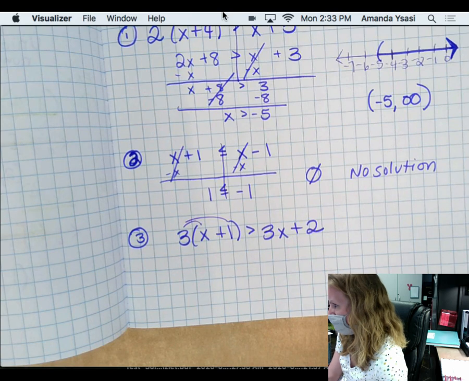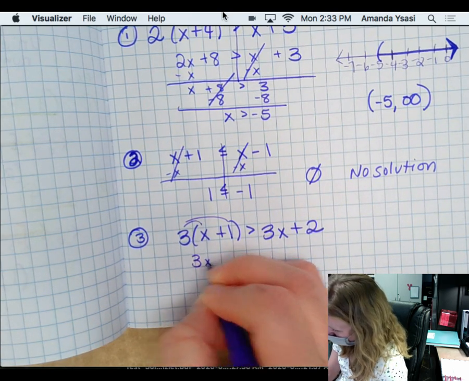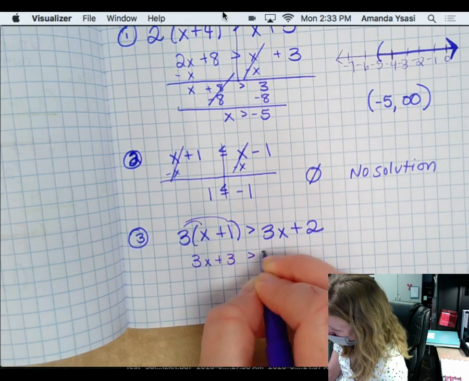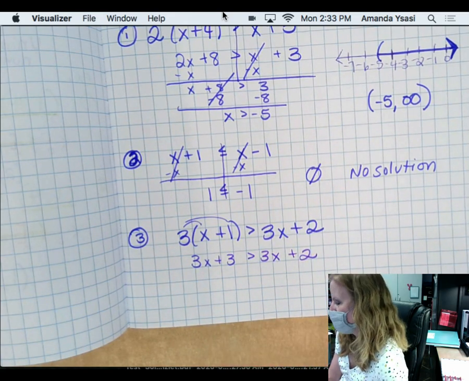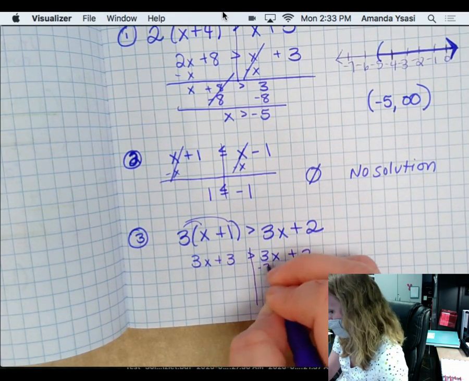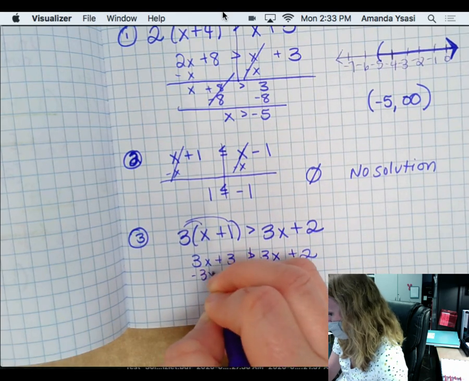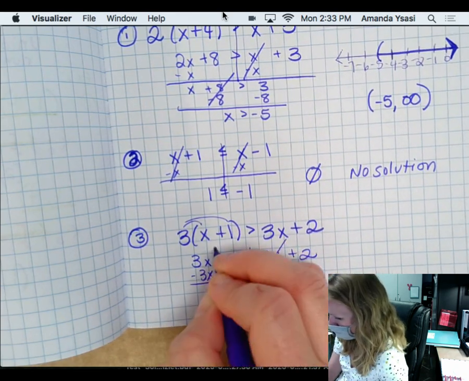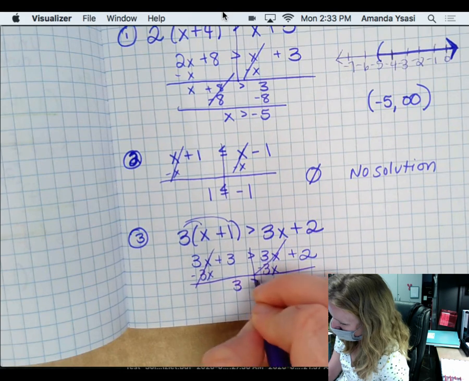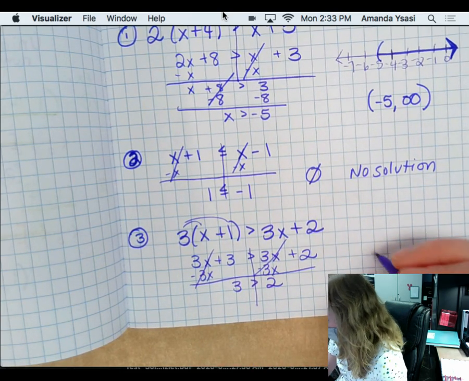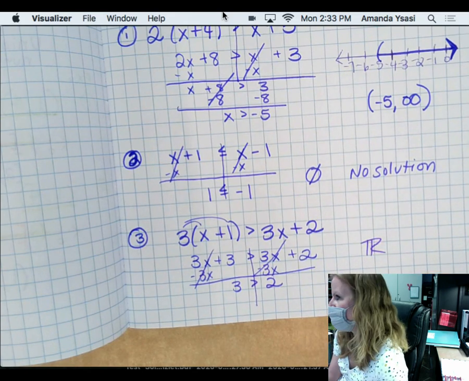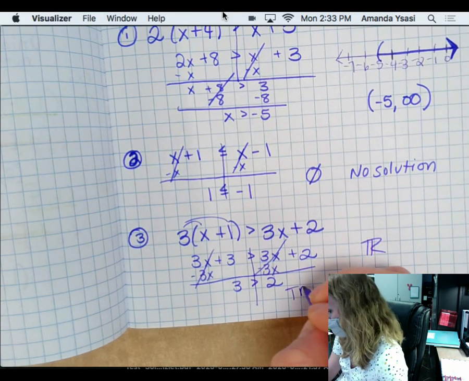So we distribute. 3x plus 3 greater than 3x plus 2. Minus 3x. 3 is greater than 2. Now, is that true? Yeah. So all real numbers. This is true.